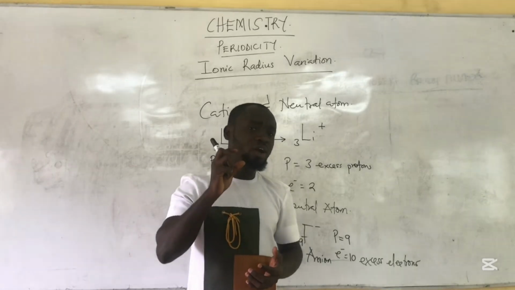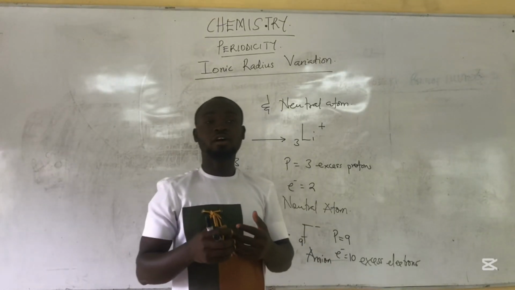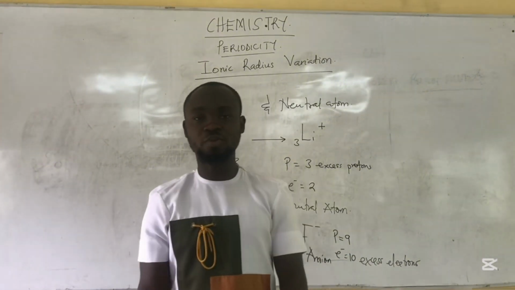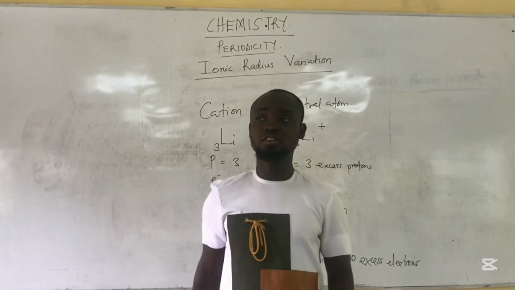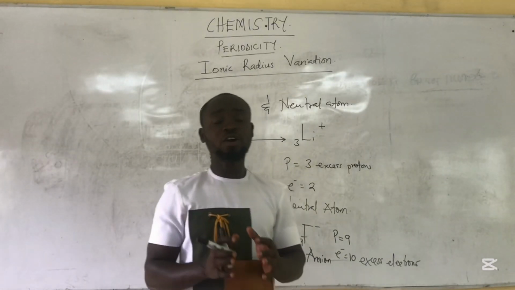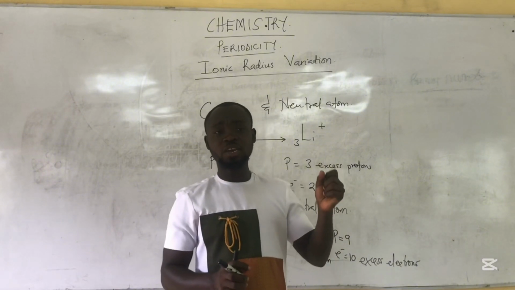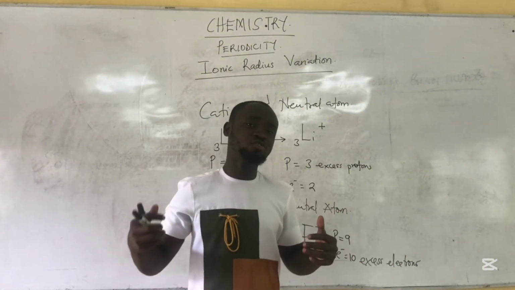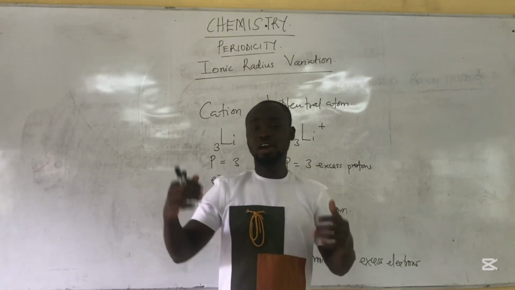And once that happens, there's going to be a reduction in attraction caused by the proton, thereby increasing the radius of the species. Is that okay? So for cations, they have smaller sizes due to excess protons, which increases their nuclear attraction. But for anions, they have excess electrons against the protons, which brings about a reduction in nuclear attraction.